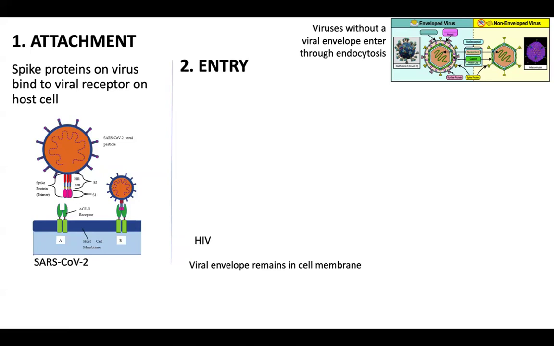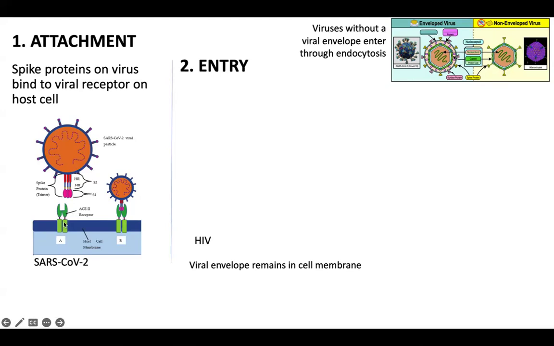Again, also like bacteriophages, this is very specific. So not only are these going to be species specific in terms of what types of species the viruses can infect, but it also is going to be specific to certain cell types as well that have the receptors that they can bind to.